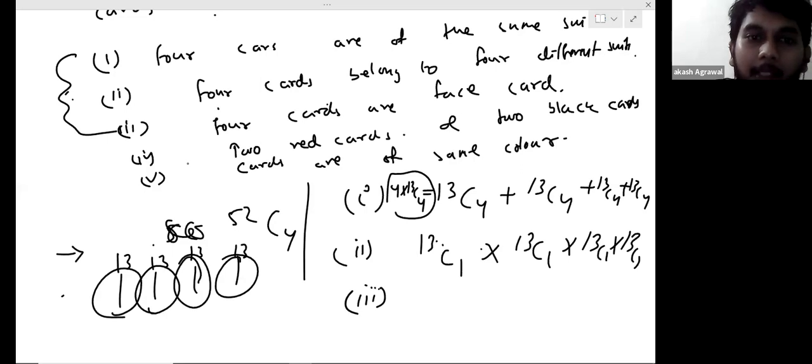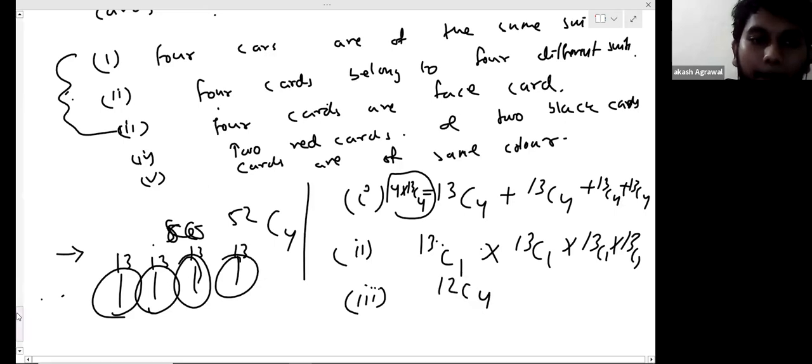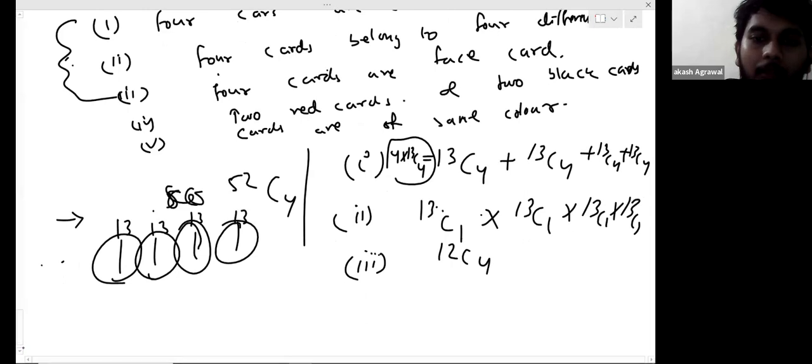Okay. Third part, 4 cards are face cards. How many face cards are there? 12. So you have to choose 4. So 12C4. Okay. 2 red cards and 2 black cards: 26C2 into 26C2. Okay.